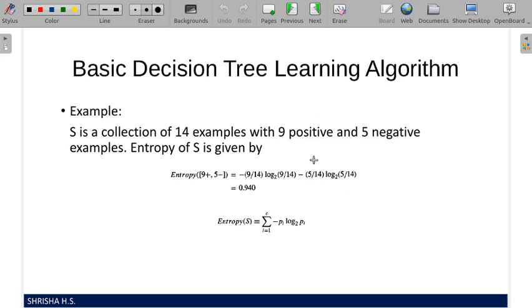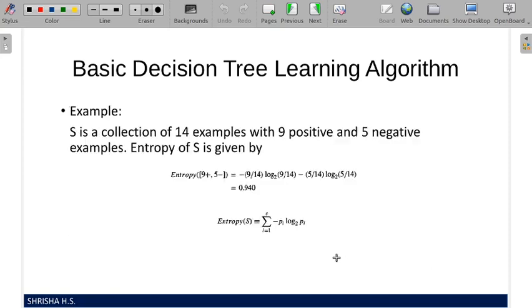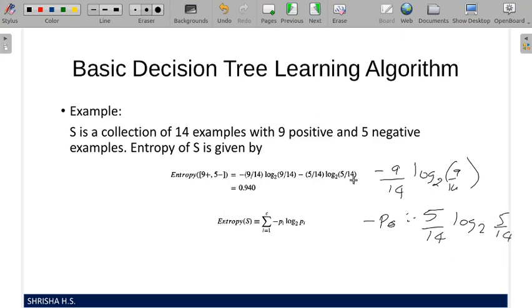There are a total of 14 instances in the data set. 9 are positive, so we write 9 by 14 times log2 of 9 by 14. There are 5 negative examples, so out of 14, minus 5 by 14 log2 of 5 by 14. This is how we calculate it for the given instances.